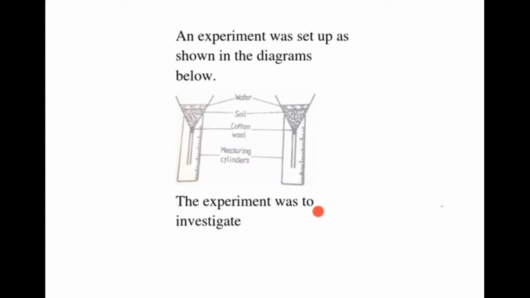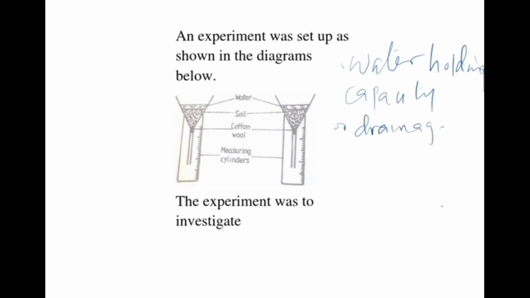The experiment was to investigate... When you look at the experiment, it was used to determine, one, water holding capacity of different types of soil, or it can be used to determine drainage of different types of soil. Drainage is the ability of different types of soil to allow water to pass through it.